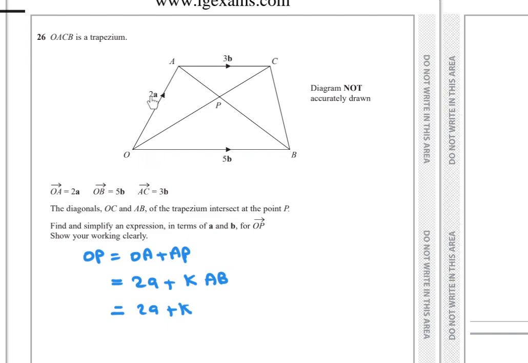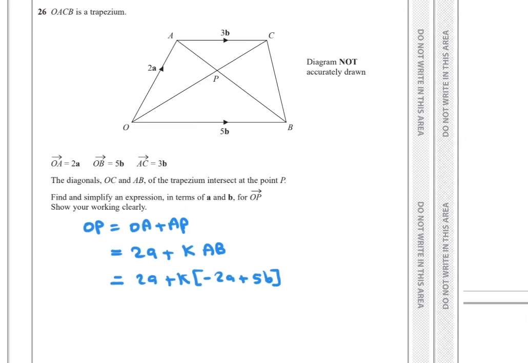AO is negative 2a because of the opposite direction, plus OB 5b. So k times (negative 2a plus 5b). We can combine the like terms in terms of k. So k times negative 2a is negative 2ka, and k times 5b is 5kb.